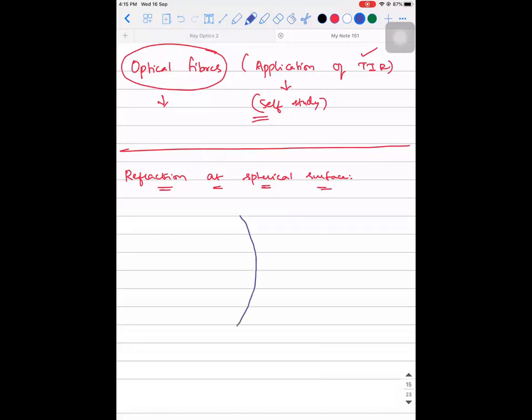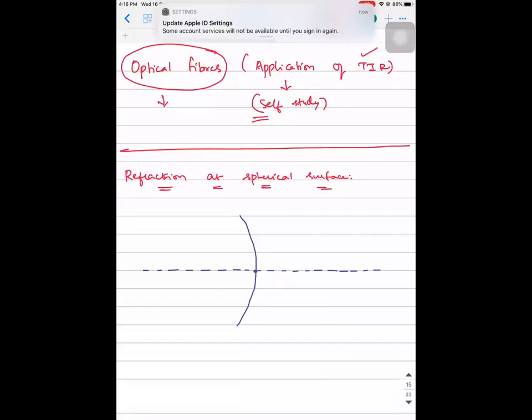So let's say we have a refracting spherical surface. Now, what I'm going to do is, we'll place a point object at this place. I will take this scenario. I'm placing a point object here.